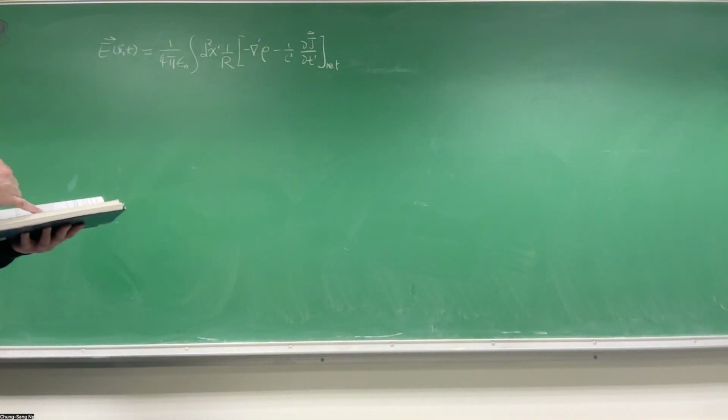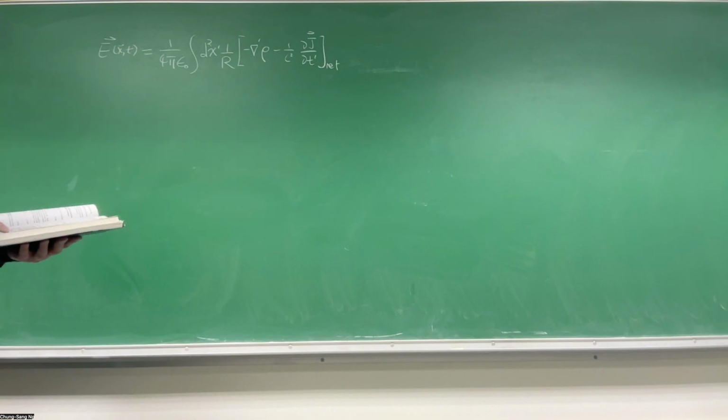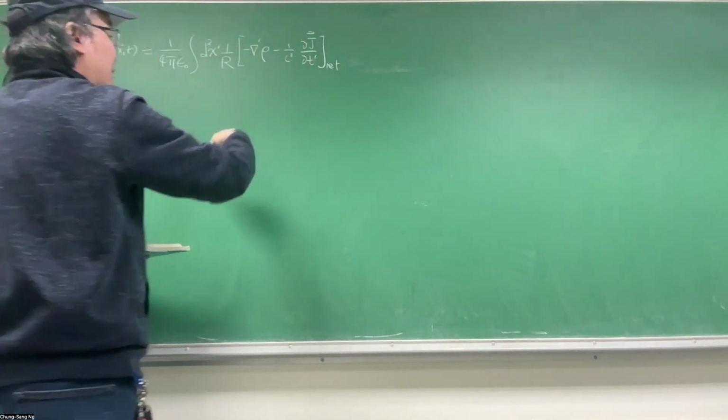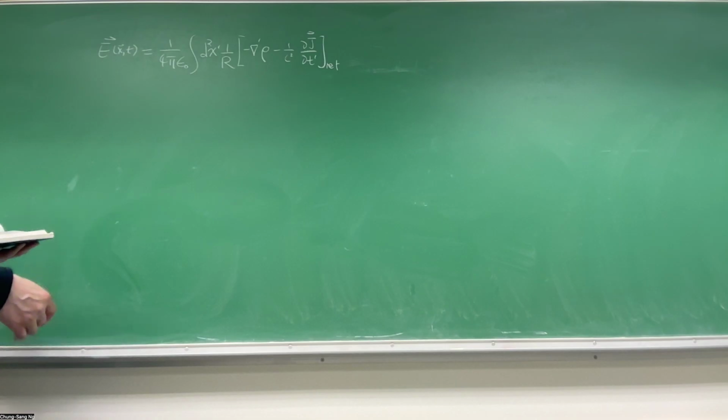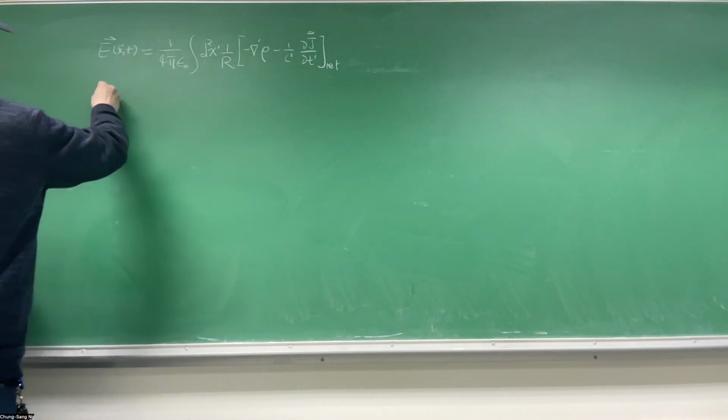Then you get another set, equations 6.55 and 6.56. If you take the t prime derivative outside also, then you get 6.57, which is trivial. But if you do that, you get another form of E and B.